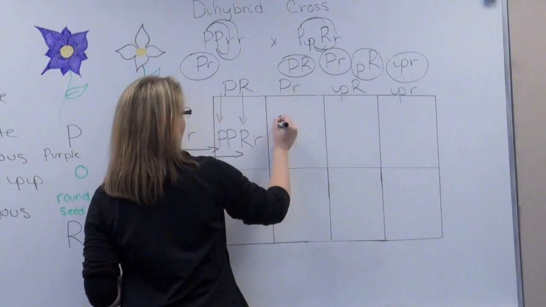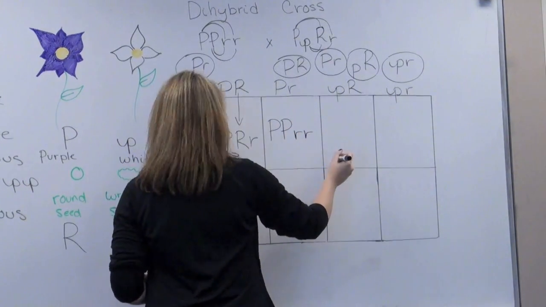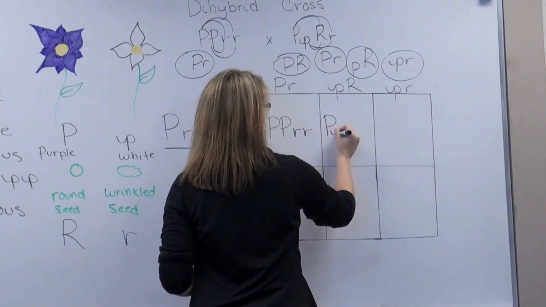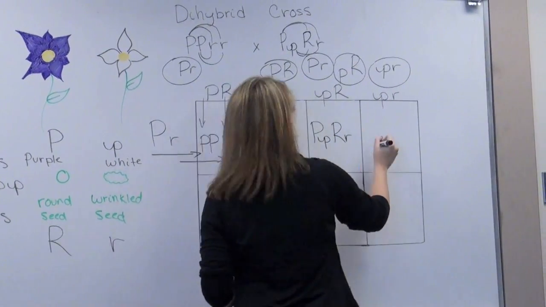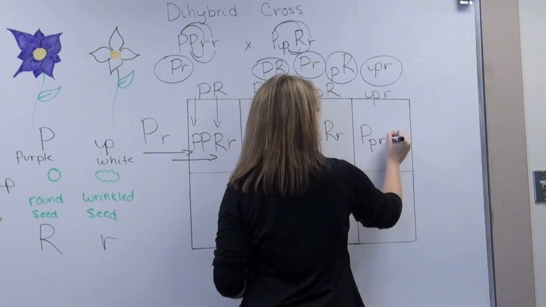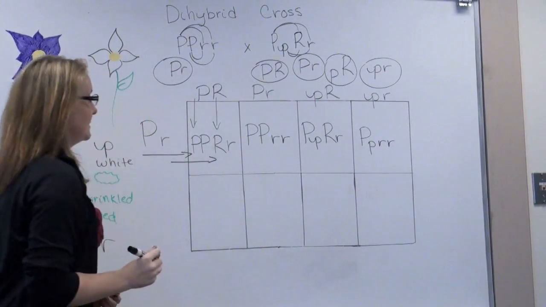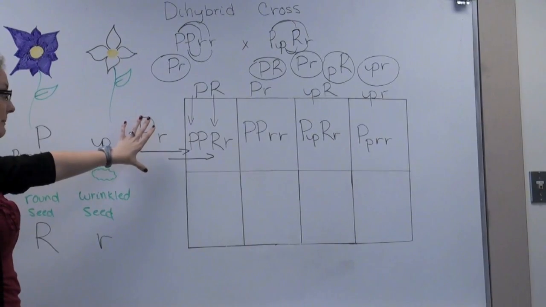So I'll just do it quickly. And at this point, you've determined what all the possible offspring will be.